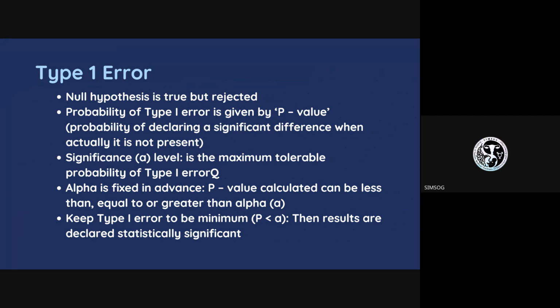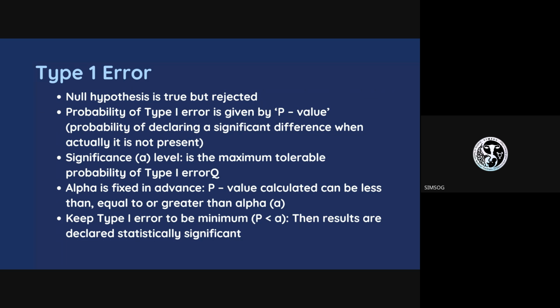Alpha is fixed in advance, that is, we decide before we start a study, and the p value can be calculated to be less than, equal to, or greater than alpha, whatever the study says. But only if our calculated p value is less than the decided alpha, or the p value cutoff, do we call the findings significant.